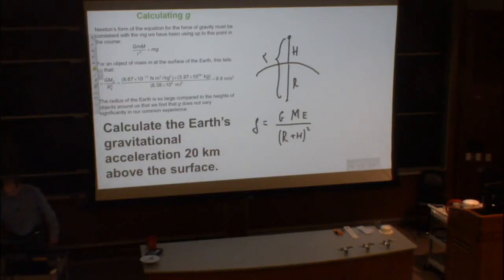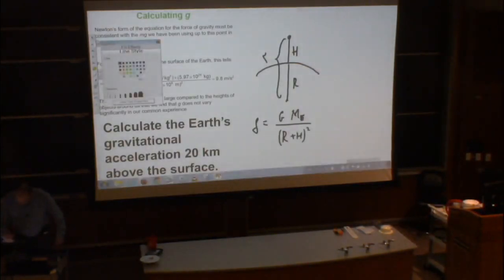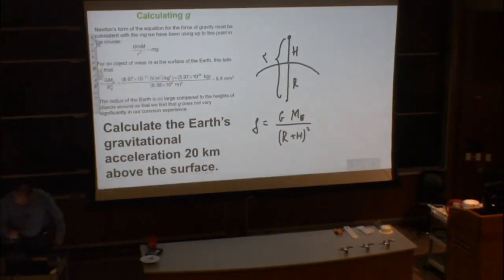But now we just need to add the altitude, the height above the surface. And wherever it is, that's going to be the number. So we should change the calculation. We still keep the same constant. We, of course, keep the same mass.